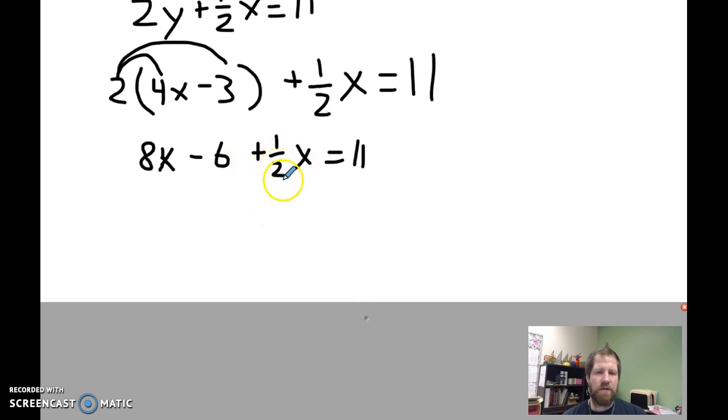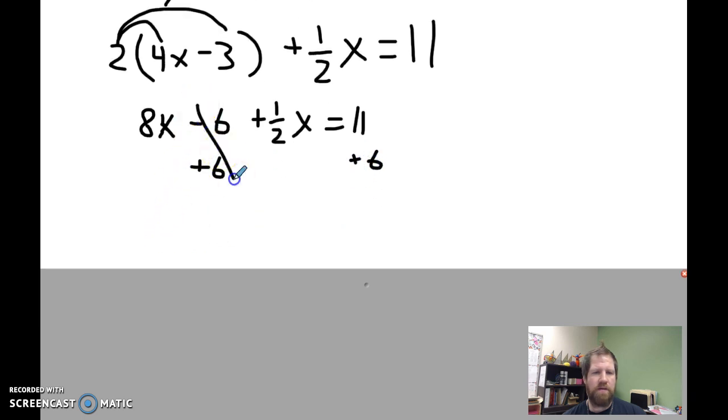I don't really want to deal with it yet, so I'm going to hold off for a second and move this 6 over. Plus 6, plus 6. Those cancel. I have 8x plus 1/2 x equals 11 plus 6, or 17.